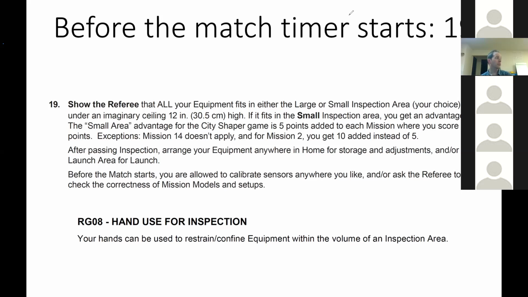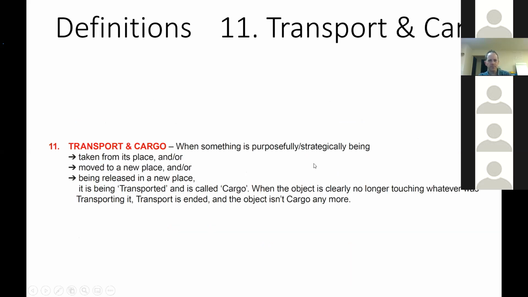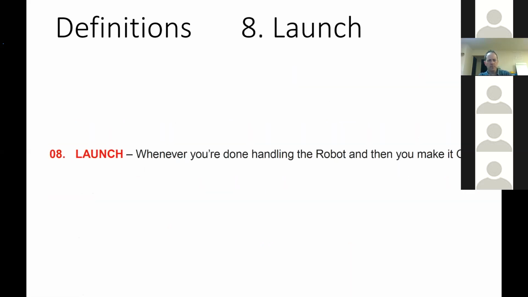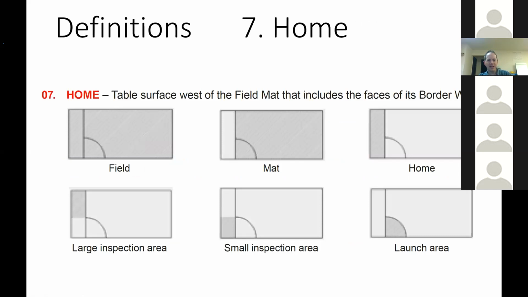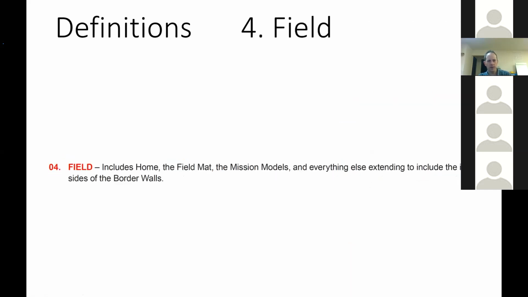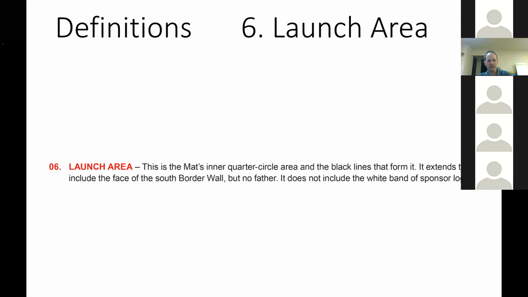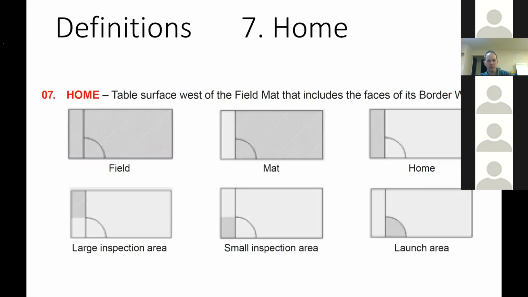Now, the other thing that hasn't been made clear, let's see if I can find it, is the boundary of the mat. Is that considered part of home or not? I think it says table surface west of the field mat that includes the faces of its border walls.